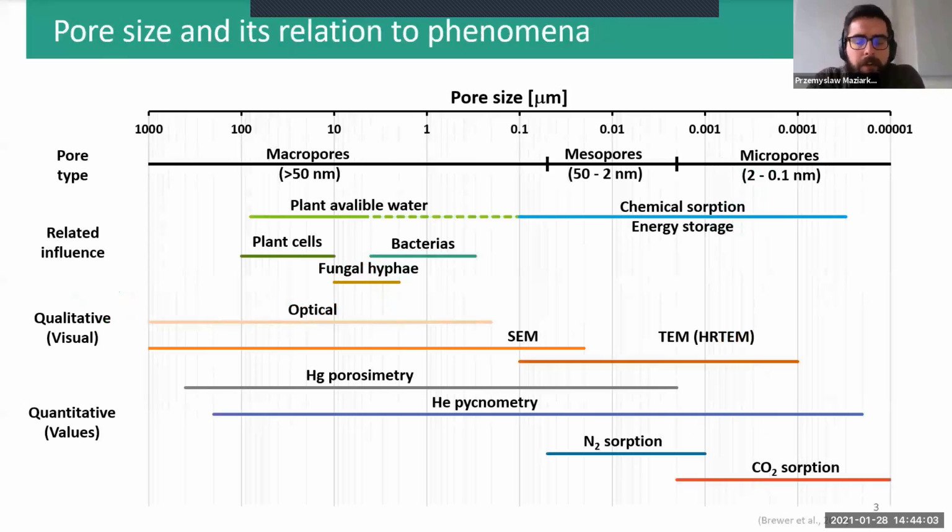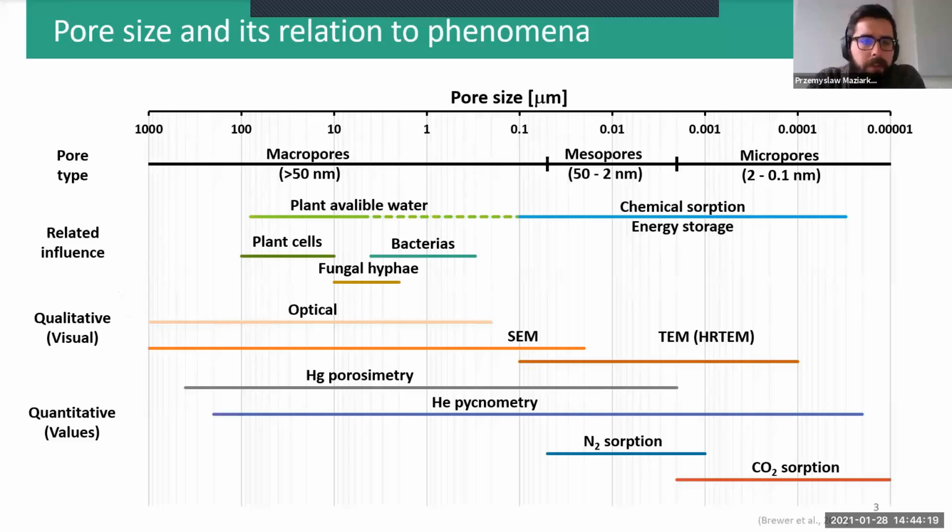Biochar has a very wide porous structure, starting from the micropores through the mesopores to the macropores, and all of these kinds of pores influence the applicability in a certain area.